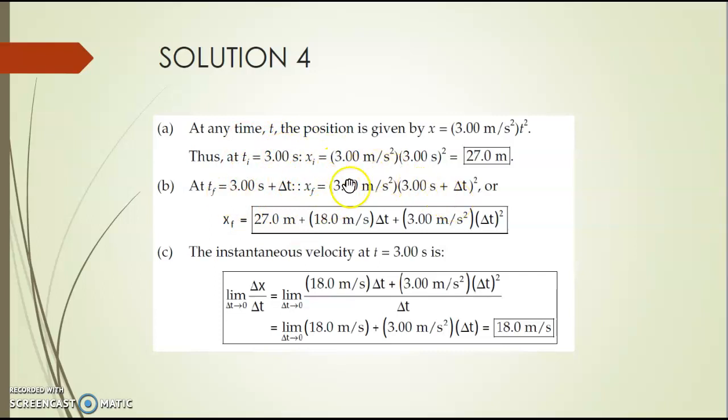So we're just going to substitute 3 plus delta t for the time, and we will have this equation. You just simply multiply, distribute. As you can see, it's squared, therefore you have to expand this one.